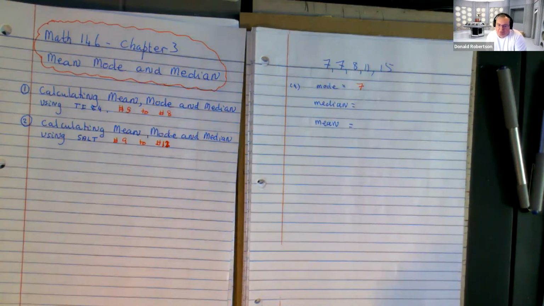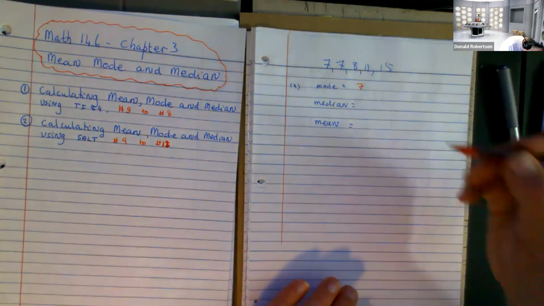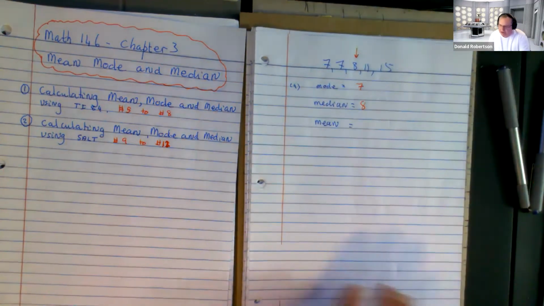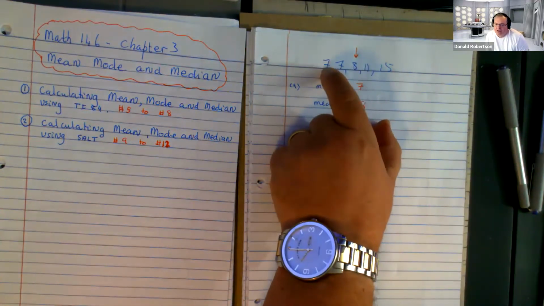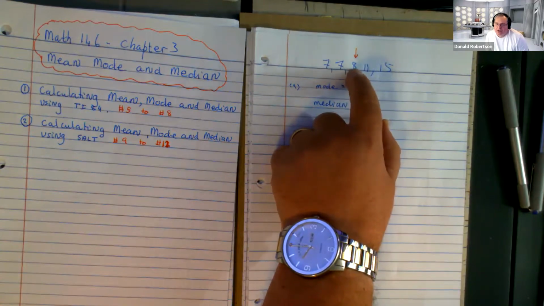Now, if you want to get the median, thankfully the numbers are in order. And would you agree that that guy there is in the middle? So the median is 8. So I didn't need to do really that much work here. I think the only one I'm going to have to do some kind of work is the mean, right? So I'm going to go 7 add 7 is 14. That's 22. That's 33.